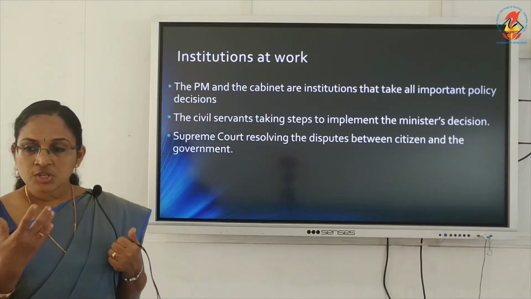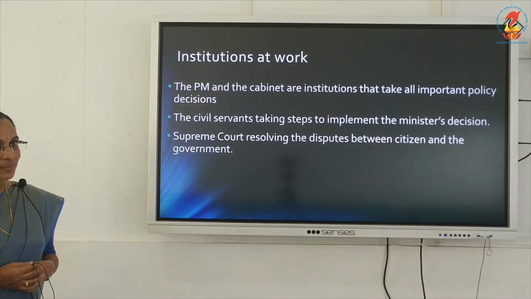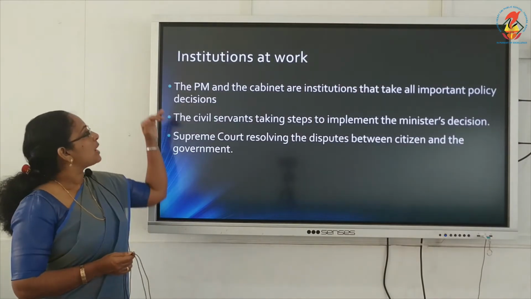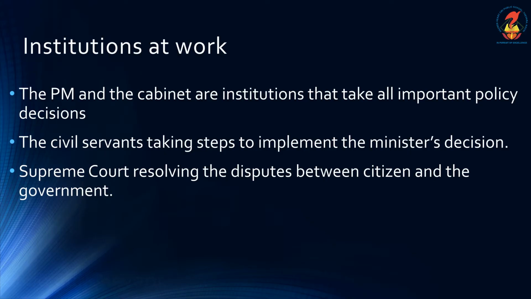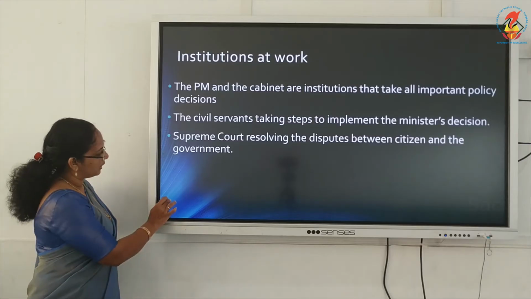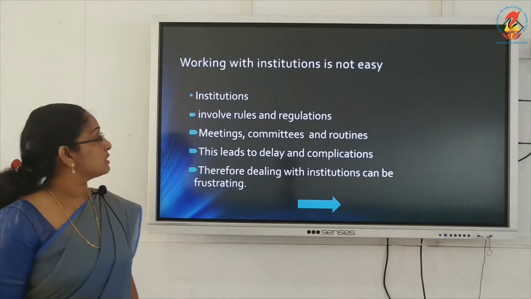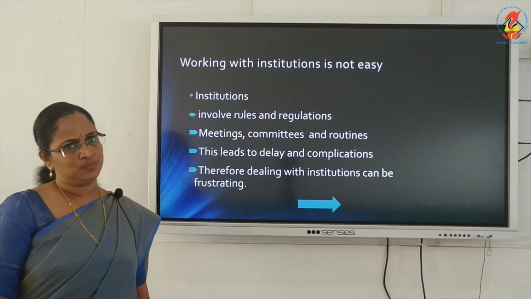So which are the institutions at work? We can see the Prime Minister and the Cabinet, then the civil servants, and the third institution is the Supreme Court.